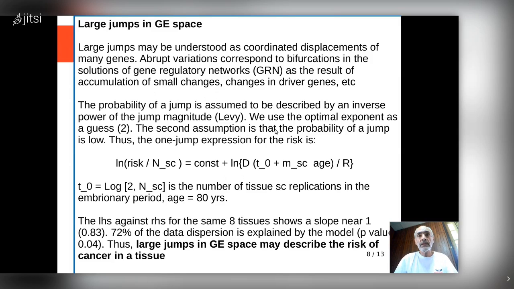The second assumption is that the probability of a jump is low. Then you can write immediately a one-jump expression for the risk.